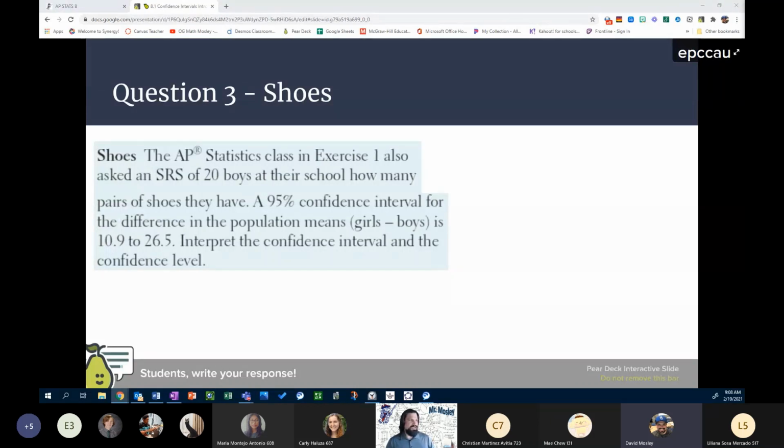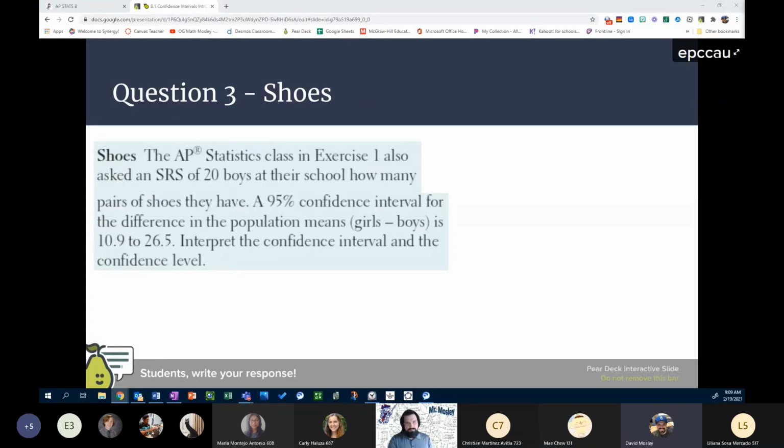When we're being asked to interpret the confidence interval and confidence level, we are making 2 statements using the provided context. So we're making that statement about the confidence interval: we are 95% confident, and so on.